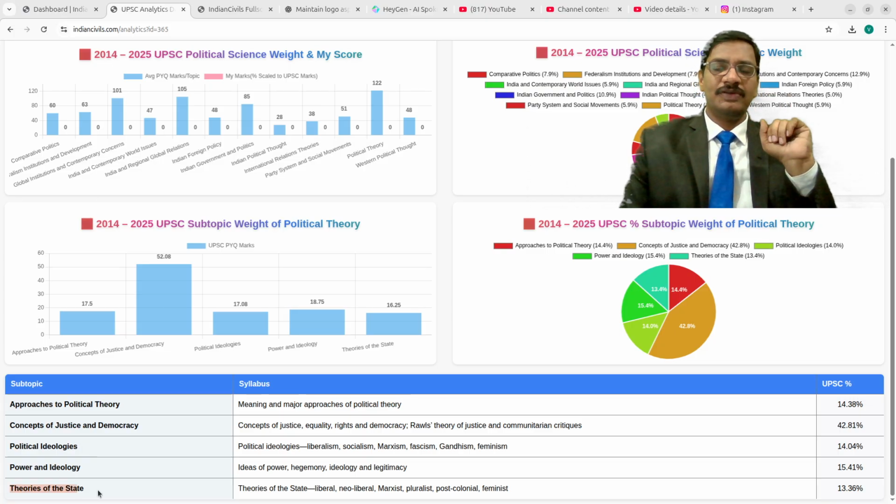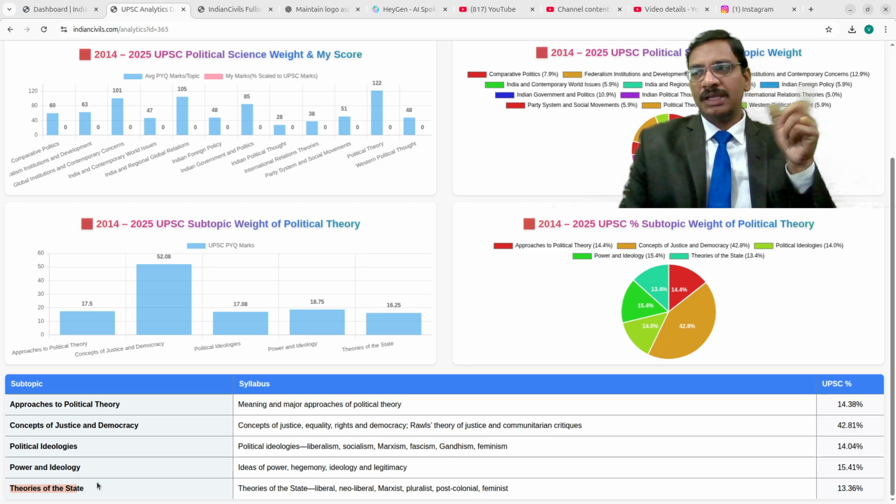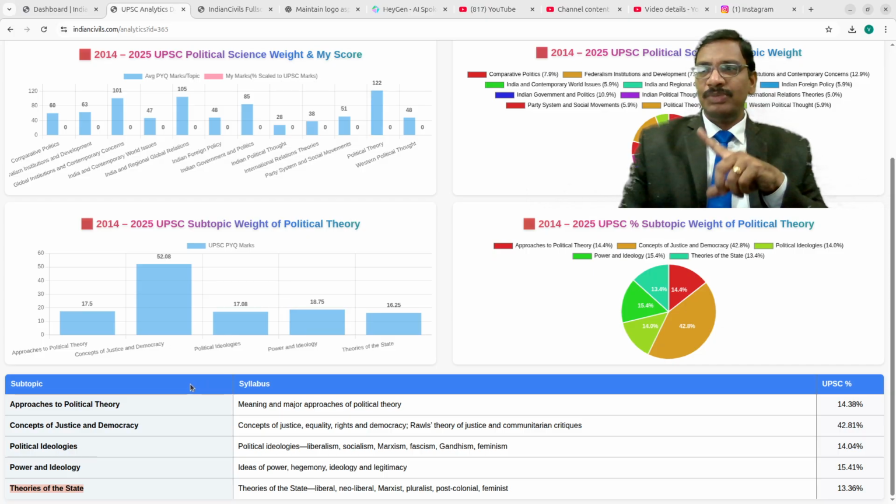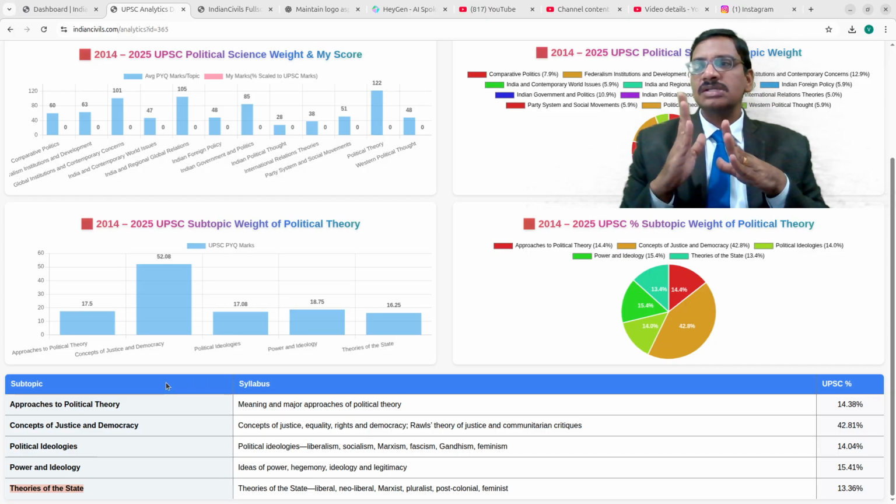These are the 5 topics I have classified. In these 5 topics, the 122 marks is subdivided again, and out of that, concepts of justice and democracy is getting 52 marks.